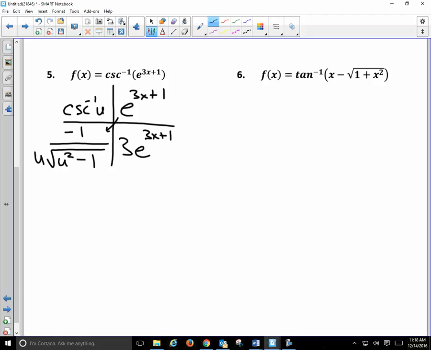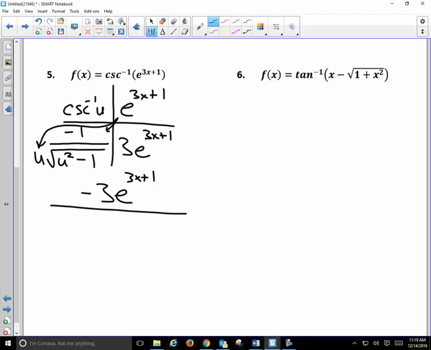Very good. So as I multiply these together, what do I have in the numerator? And then in the denominator, notice that the e to the 3x plus 1, it has to go into two different places.